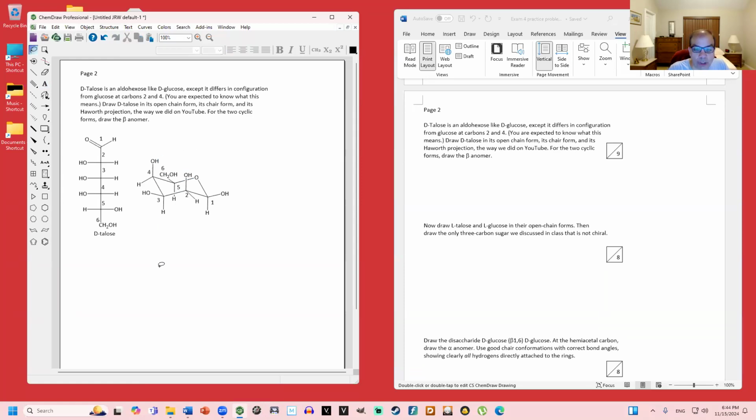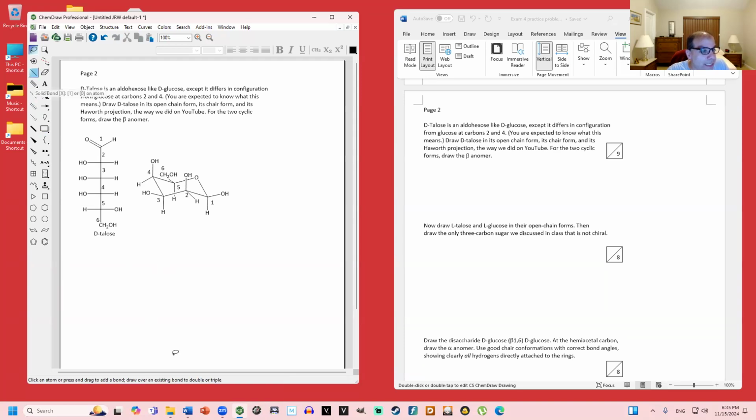Not only will we not take off points, we won't even notice. Again, I'm hoping that the majority of you are confident enough in drawing structures that things like that don't faze you anymore. You're confident that that's the same thing. It must be. There's no way it would not be accepted. It's the same structure, just drawn a different way. Good, so that's the chair form.